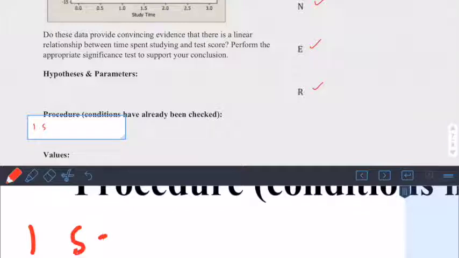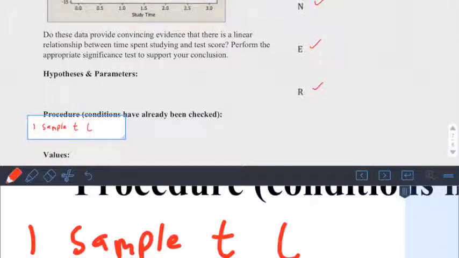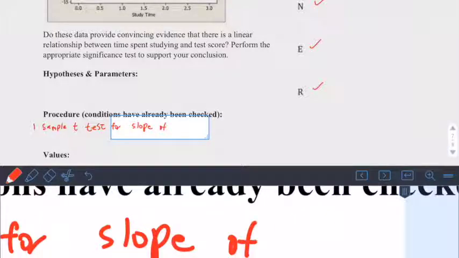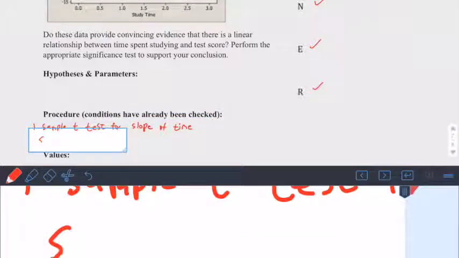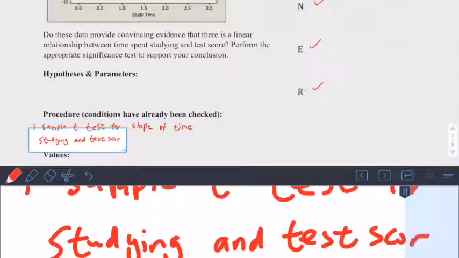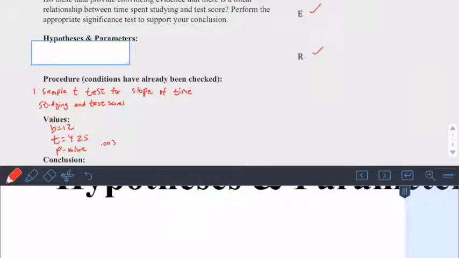We have a one sample t test for slope of studying and test scores. Oh, I never wrote my hypotheses.